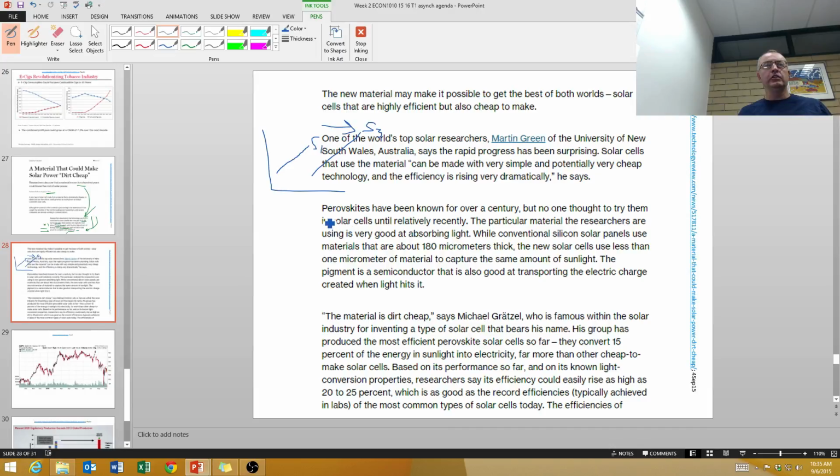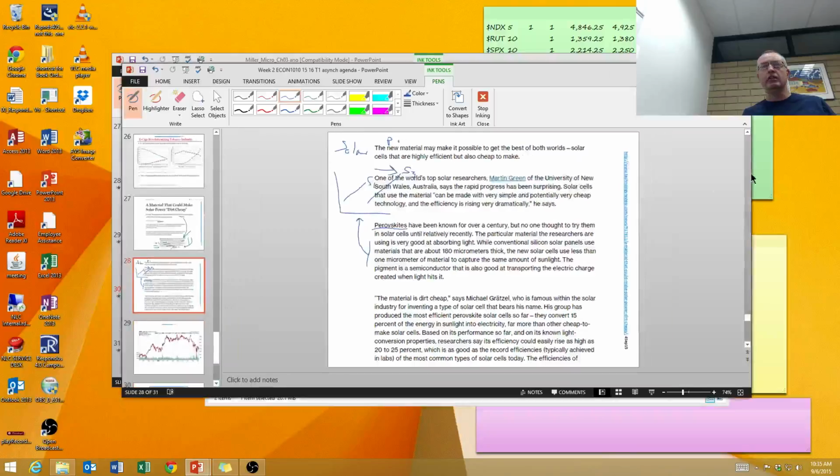The technology is based on, I don't know if it's a mineral or a chemical, but there's something called perovskites that are very efficient at conducting electricity. If this technology can be commercialized, we expect the supply curve for solar power to increase, which means the supply curve should shift to the right. Anyways, we'll have to stay tuned to see if this in fact happens.